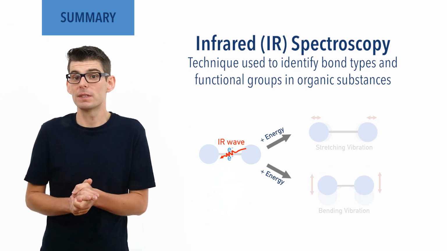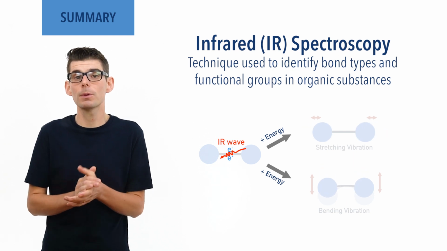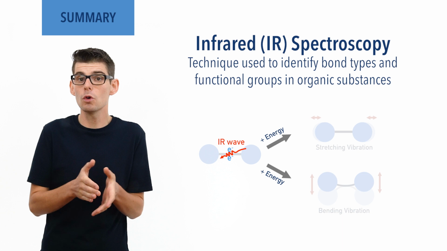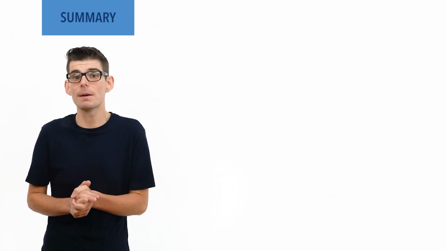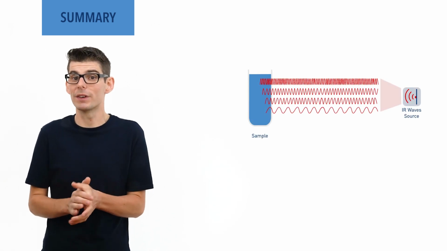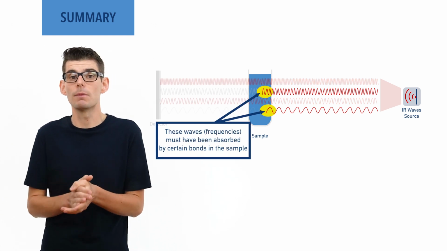This means if a specific wave of IR radiation is shone at a sample, the corresponding bond type in the sample can start to vibrate by absorbing the energy from the wave. By bombarding a sample with a complete range of IR waves, the wavelengths of IR that get absorbed by the sample can be analysed and the types of bond in the molecule found.